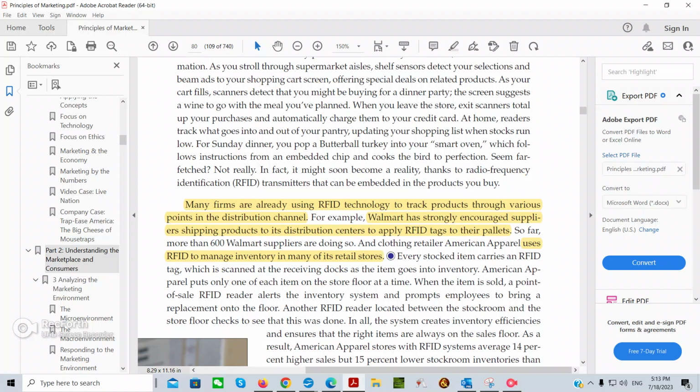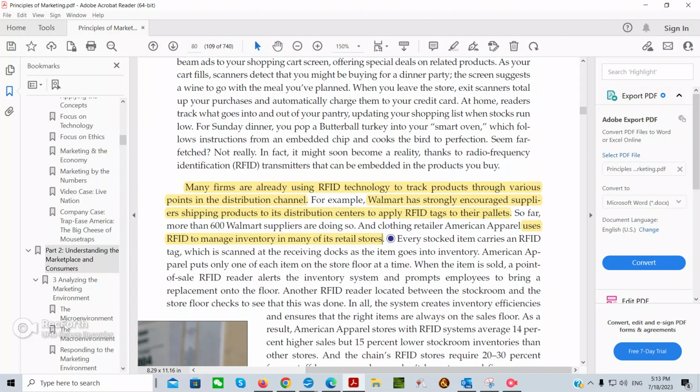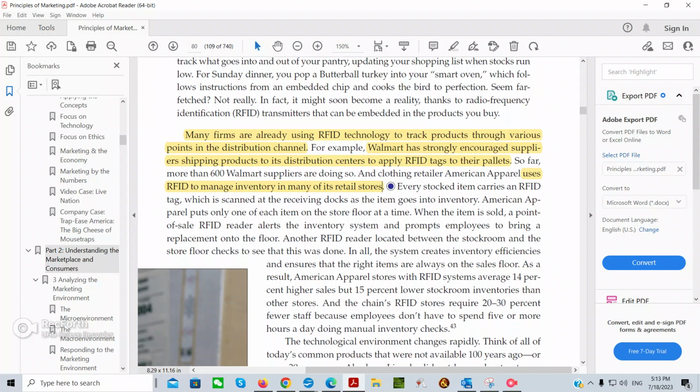Every stacked item carries an RFID tag, which is scanned at the receiving docks at the time it goes into inventory. American Apparel puts only one of the items on the store floor at a time. When the item is sold, a point-of-sale RFID reader alerts the inventory system and prompts employees to bring a replacement onto the floor.